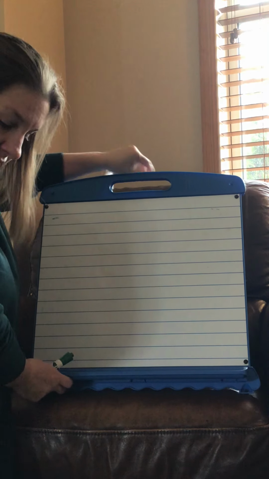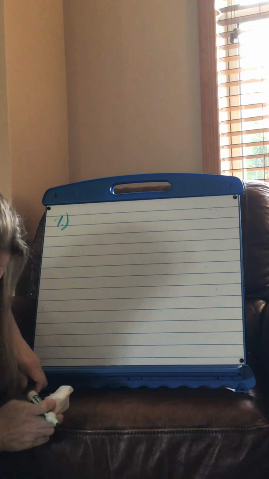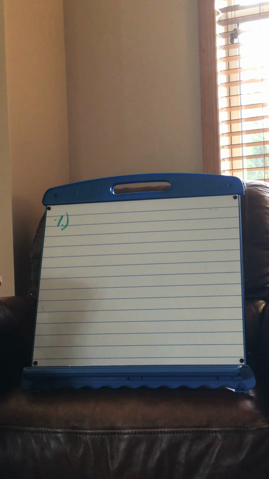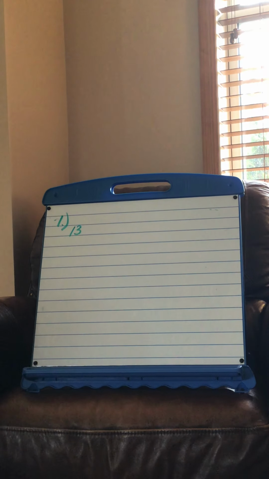So let's go over today's assignment. Okay? If we're on page 433, for number 1, they have pencils. And this is the easiest thing for you to do. They want to know if the number is odd or even. So you have 13. All right?